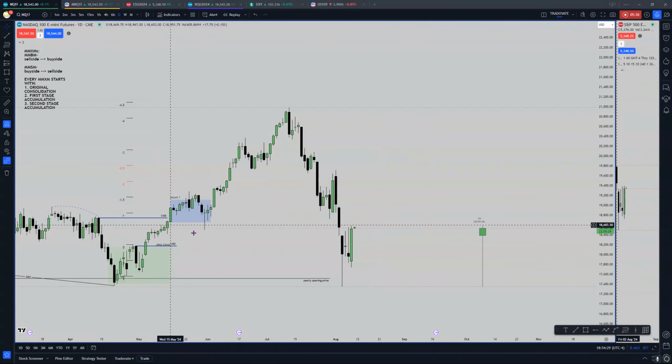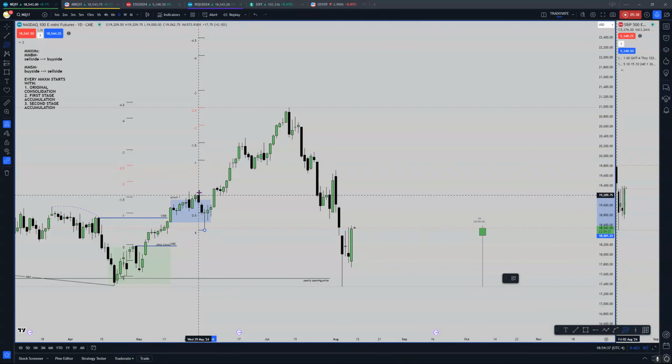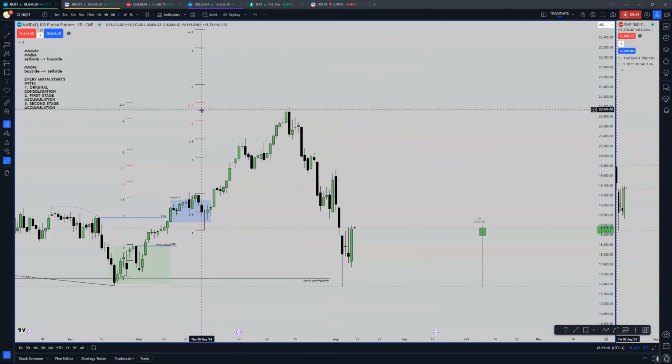So accumulation 1, and drawing the standard deviation from this swing low to this swing high, you can see -2 to 2.5 lines up with -4 of our original consolidation's manipulation leg, which is a good sign that price wants to hit this -4 standard deviation.